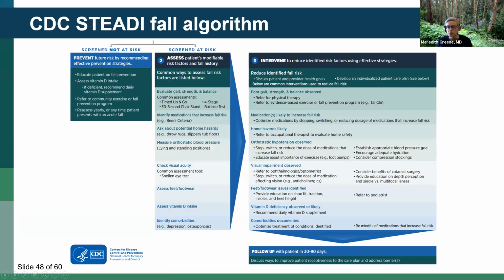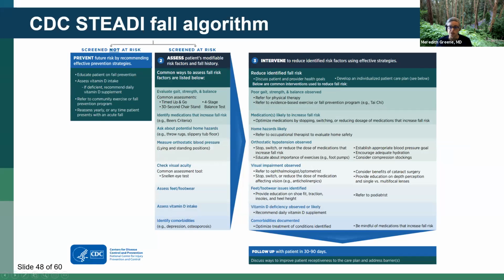So I highlight the CDC screening. There are other algorithms. Their screening is actually based on the American Geriatrics and British Geriatric Society recommendations. And on their website, they have all of the information I'm sharing. There are pocket cards you can download. There are videos on how to do assessments. So our patient actually screened at risk for falls.